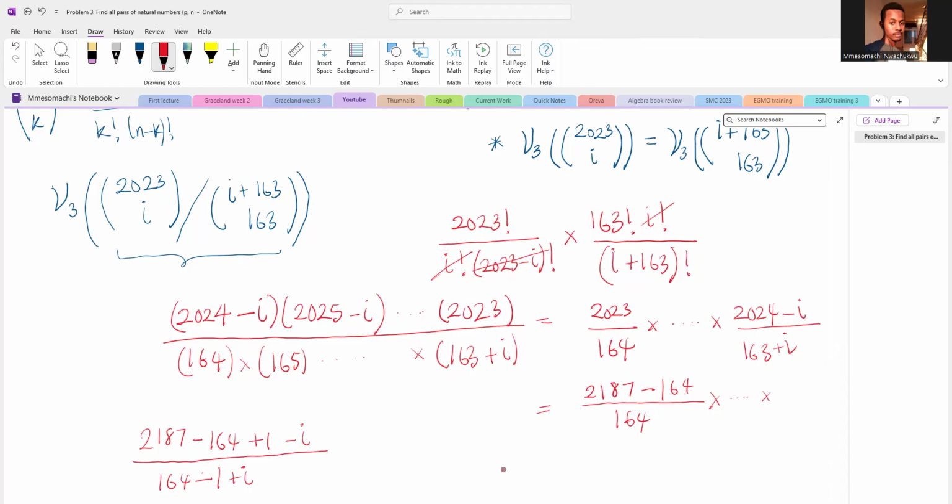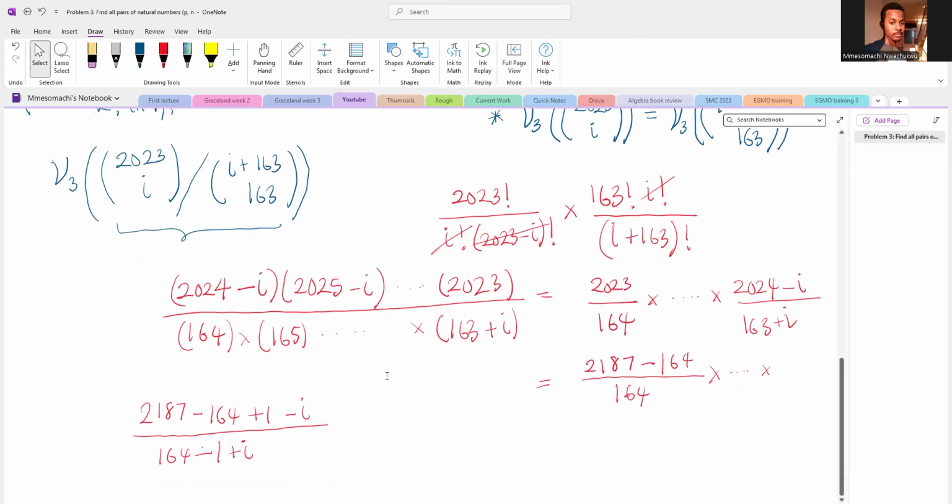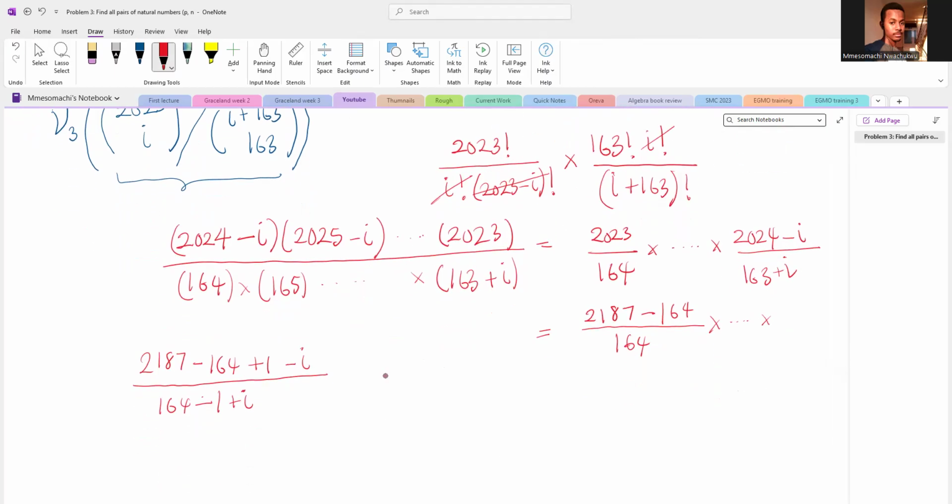So this is basically the same as looking at the product of 2187 minus some J divided by J. And J is going to go from 164 to 163 plus I, basically.